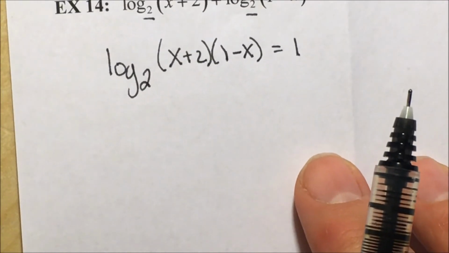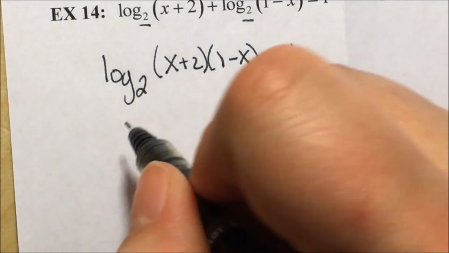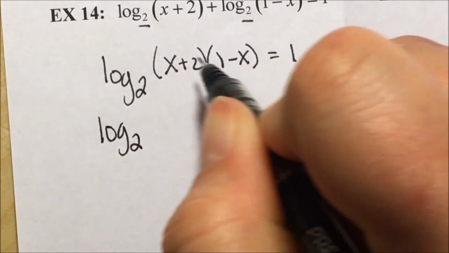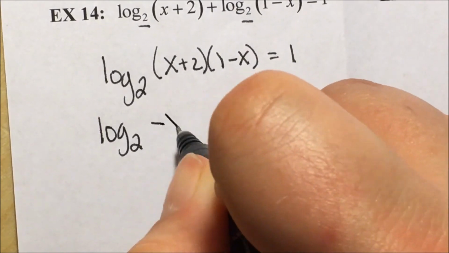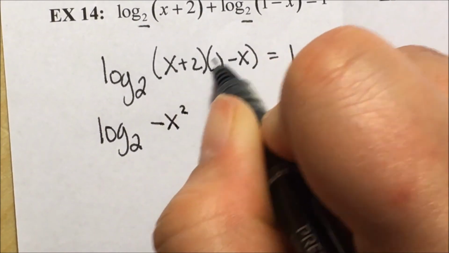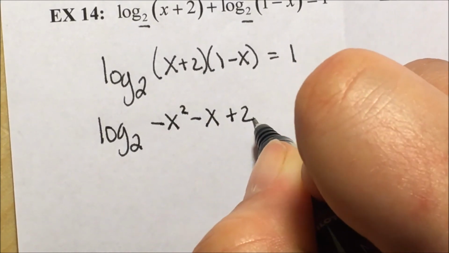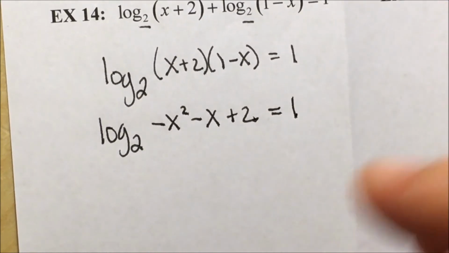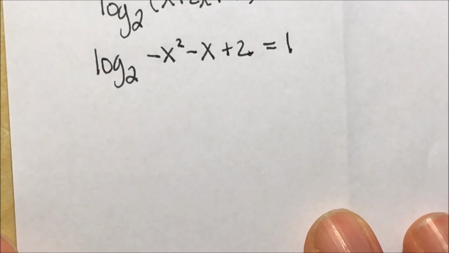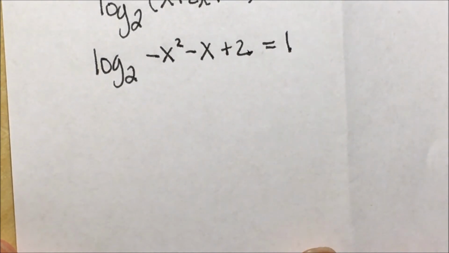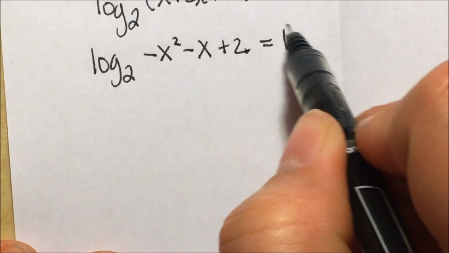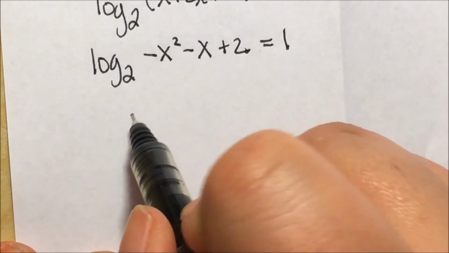It's got a quadratic input and a log only on one side. So multiplying that, we've got negative x squared minus x plus 2. And just like in example 13, I'm going to solve this exactly the same way from here on out. I'm going to change this to exponential since we only have a log on one side.